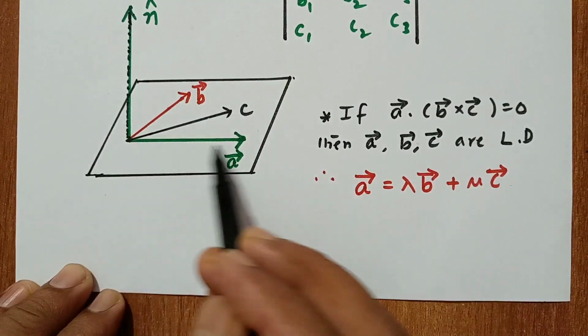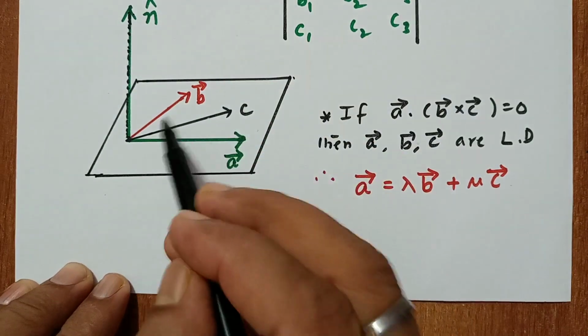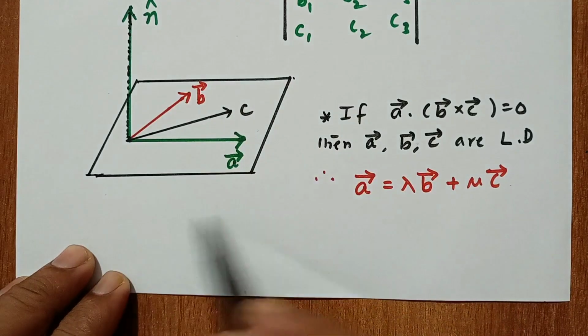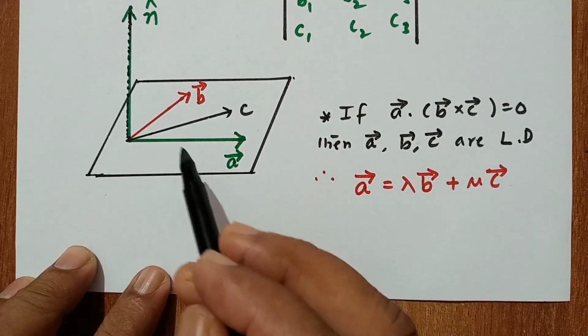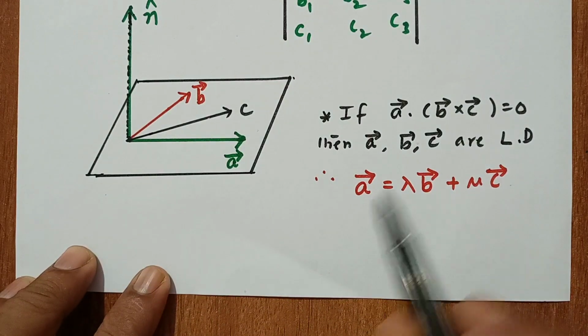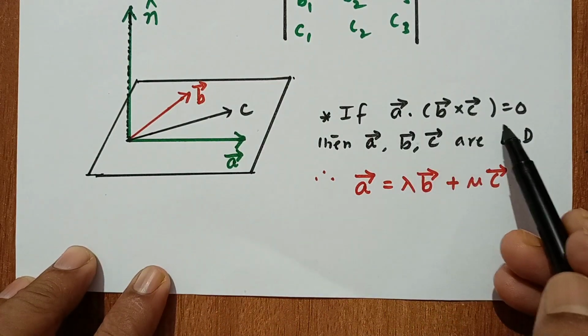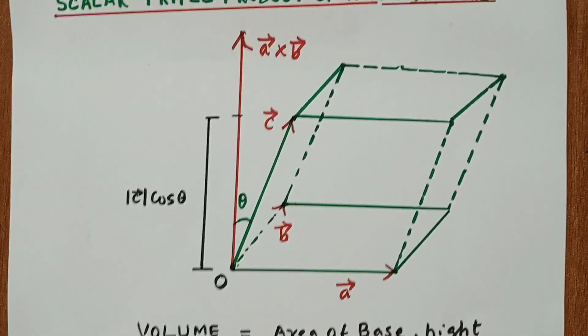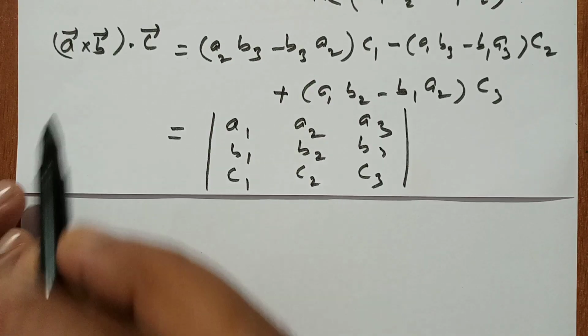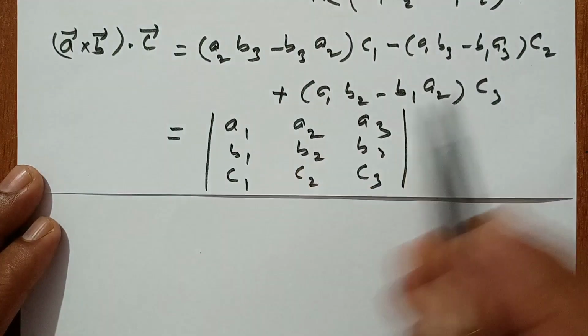This is A, this is B and this is C. These are coplanar. So if these are coplanar, then automatically the volume of the parallelepiped is 0. It means A dot B cross C is equal to 0. So this is the geometrical interpretation, which is very easy. Now A cross B dot C is equal to this determinant.